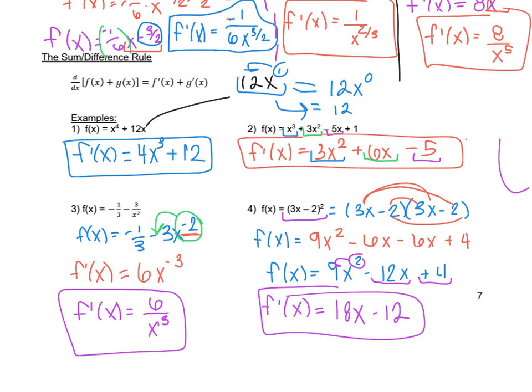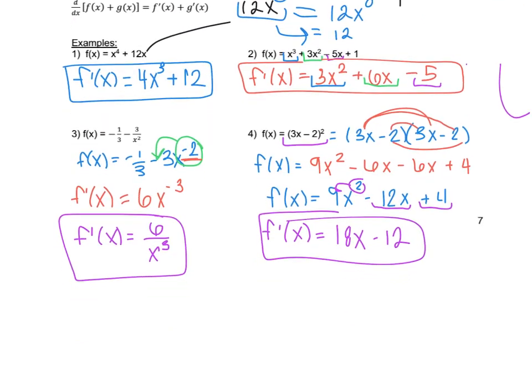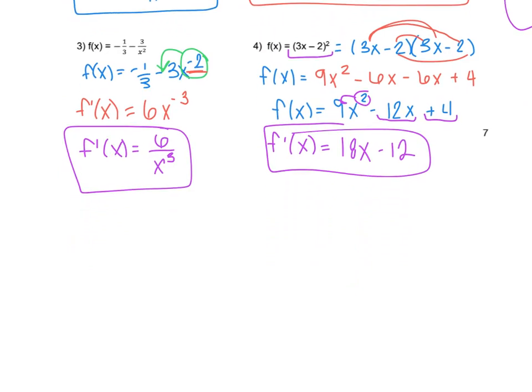If you want to get started on the 2.2 worksheet, you definitely can. You won't be able to do the ones with trig functions yet, but if you do get started on the homework, which I would suggest trying some, you could try numbers 1 through 8. You can also do numbers 12, 13, 14, 15, 16, yeah.